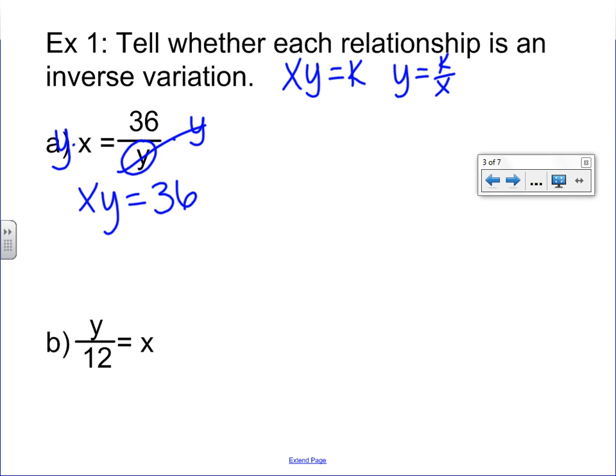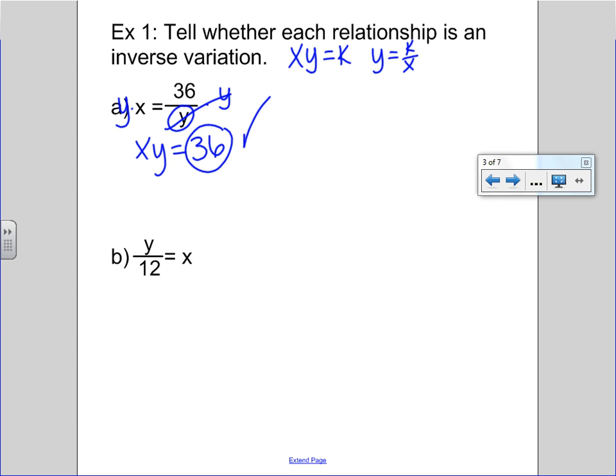So is this inverse variation? Why, yes it is. And what is that constant? That 36. On B, it wants to know the same thing, so I need to get either xy on the same side or get it as y equals k over x. To get x and y on the same side, y right now is on the top, so the opposite is going to be to divide by y, so I can put 1 over y.